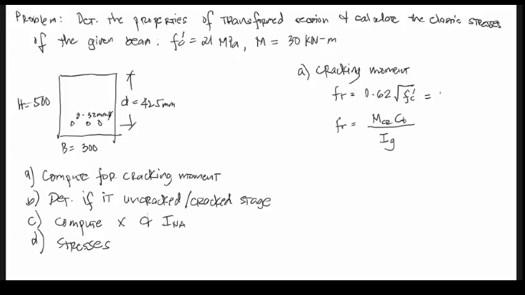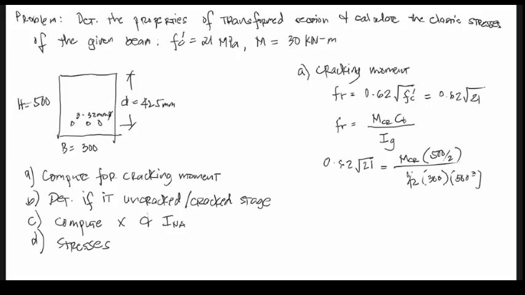So what is FR? 0.62 square root of 21 from the given. Or idiretso ko na lang. 0.62 square root of 21 equals MCR times 500 over 2 over 1/12 BD cubed.